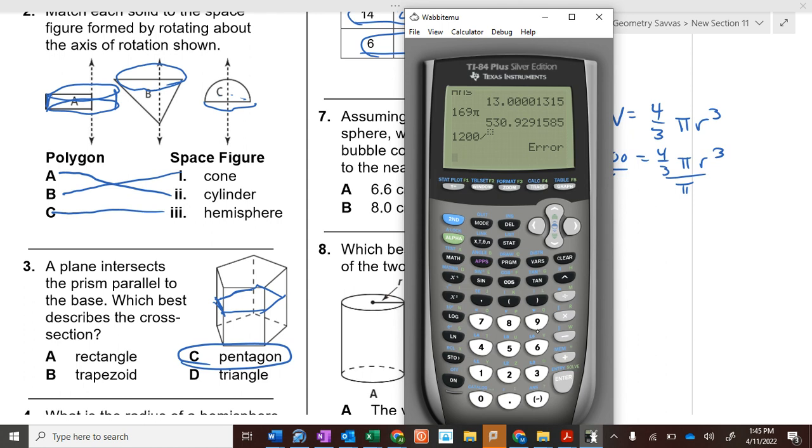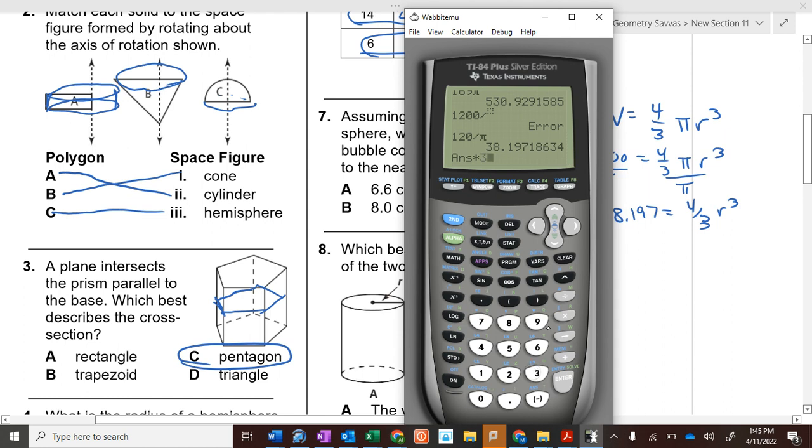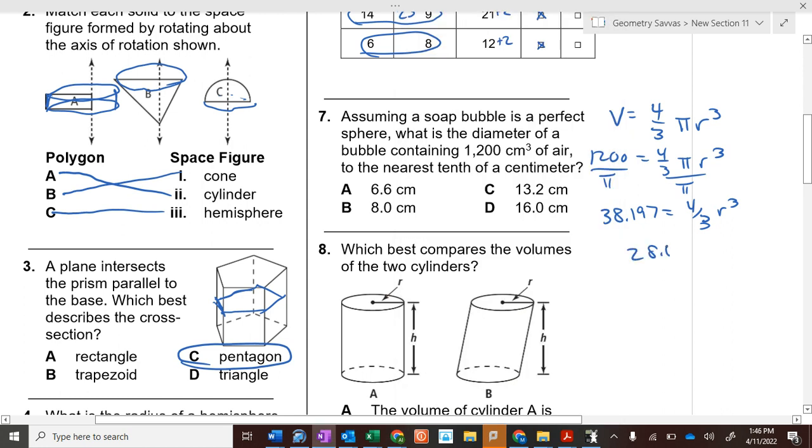Whoops. That equals 4/3 r cubed. If we take that times 3/4 is 28.65 equals r cubed. Take the cube root.